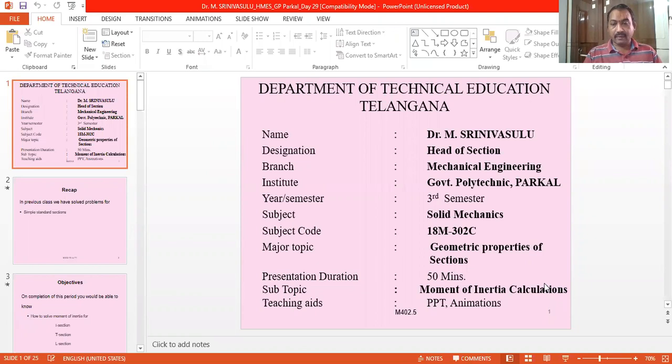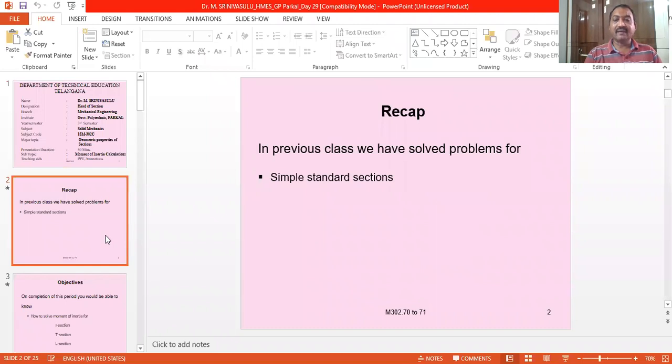So the subtopic is moment of inertia calculations. In the previous classes, we have found the moment of inertia for the different standard sections.